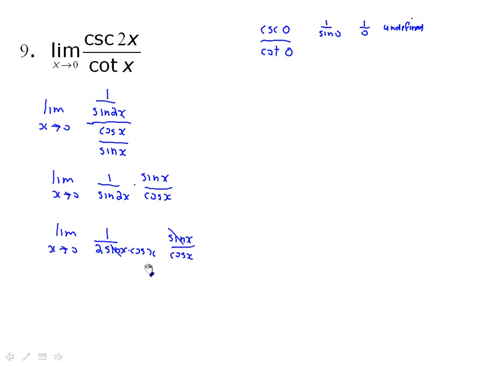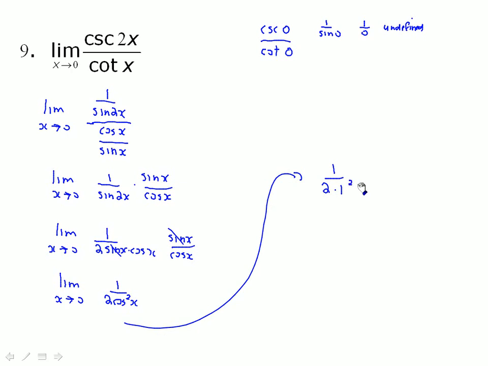And then when we evaluate this, we first write it out: we have 1 over 2 cos squared x. We're okay because when we replace x with 0, we get 1 over 2 times 1 squared because the cos of 0 is equal to 1. So this is equal to 1 over 2.